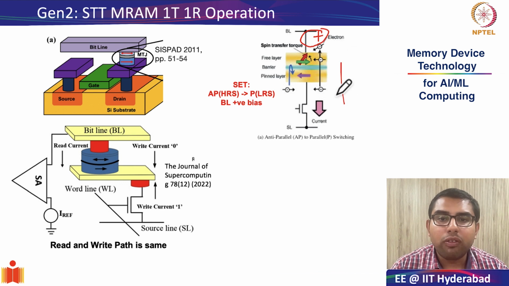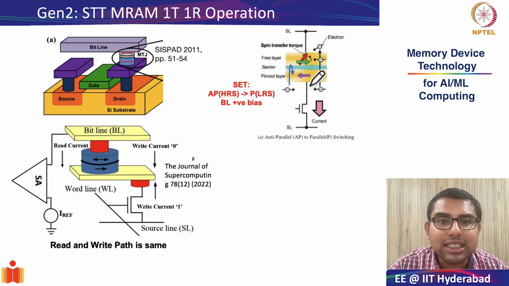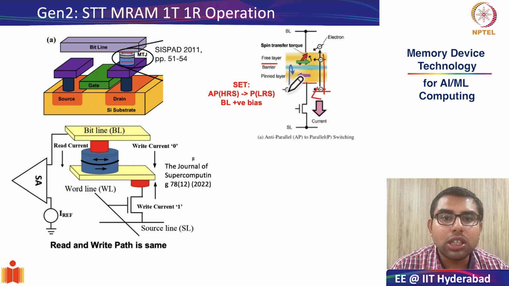Therefore, current flows from the free layer to the pinned layer, and the electrons which have the same polarization as your pinned layer are easily transmitted, therefore flipping the direction of magnetization of the free layer, whereas those having opposite polarization as compared to the pinned layer are getting reflected away.